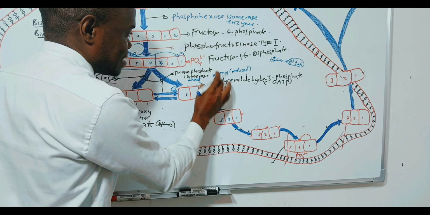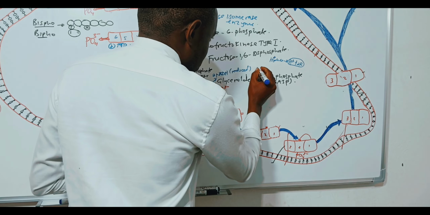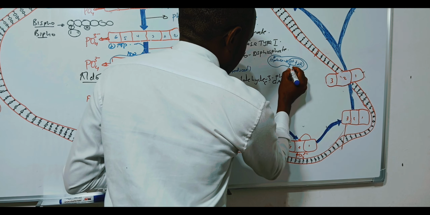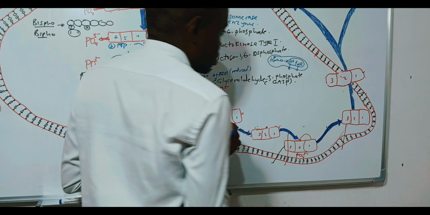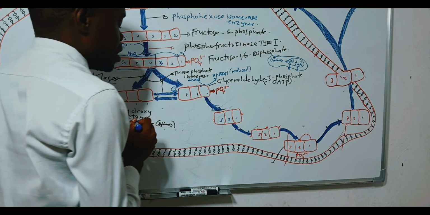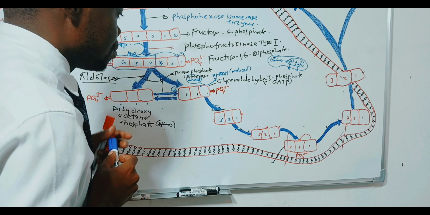When you talk about the hydride, it is just a combination of the hydrogen ion and the electrons. So the GA3P is going to lose the hydride ions, which are going to be accepted by the oxidized NAD to form NADH, or reduced NAD.